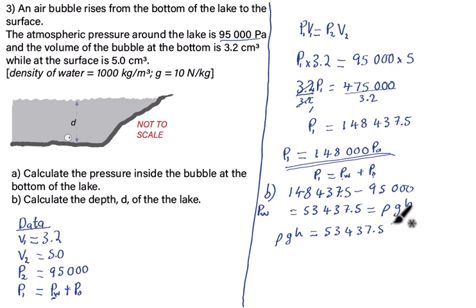We substitute the density of water, 1000, and g, 10. So rho is 1000 times g, which is 10, times 10, times h is equal to 53,437.5.